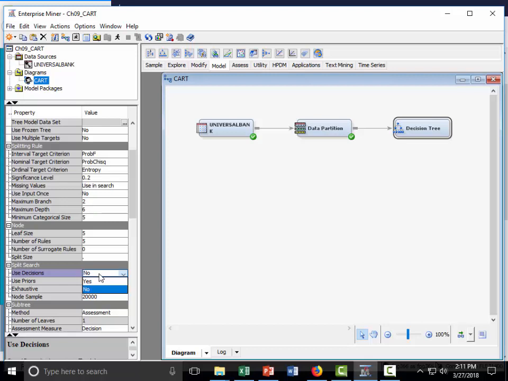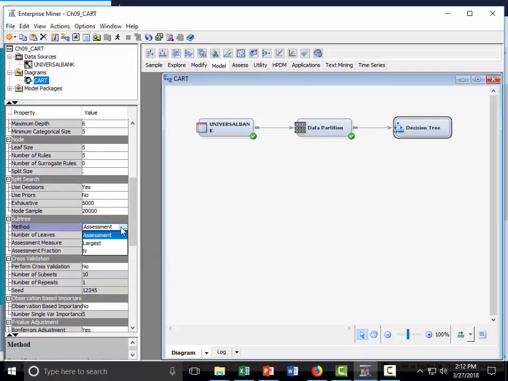This is where you will say yes if you had set up decision parameters. Remember when we set up the data source, step 6 of setting up the data source was the decision weights. If you have decision weights set up, this is where you can select use decision, okay. So let's go ahead and select decision, yes, all right.